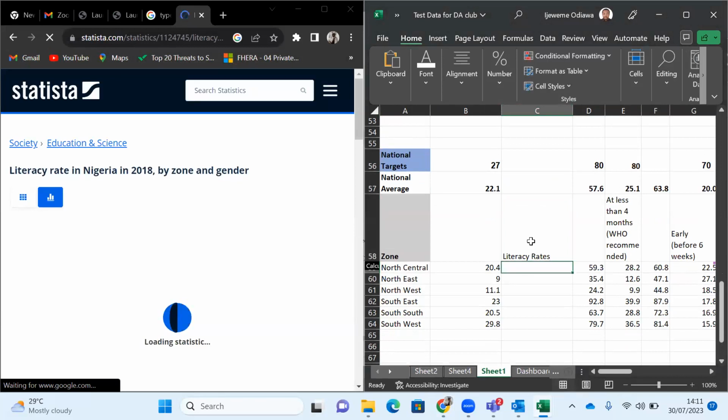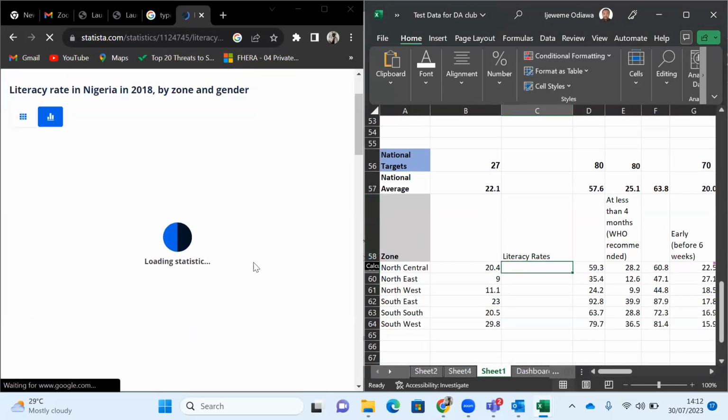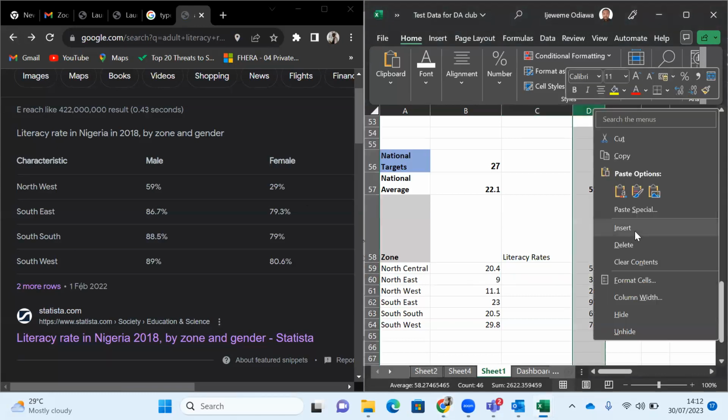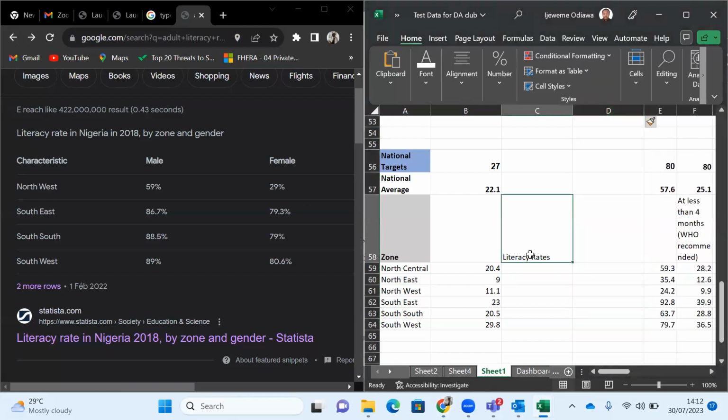We don't have literacy rates by states, but at least we have them by geopolitical zone. It even gives us male and female, which is even more interesting. So we will insert this: male literacy rates, female literacy rates. So in North Central, what do we have? Oh, it's not showing. We'll find it.